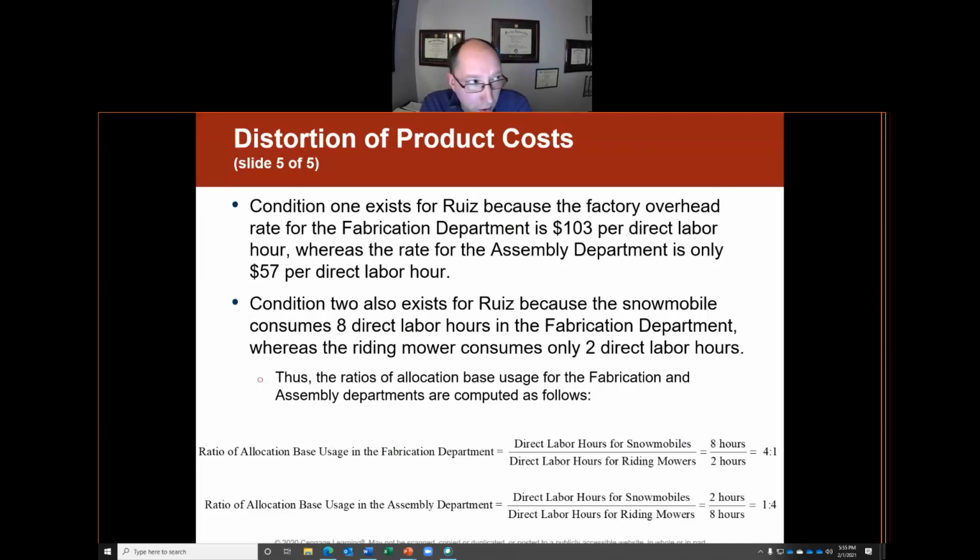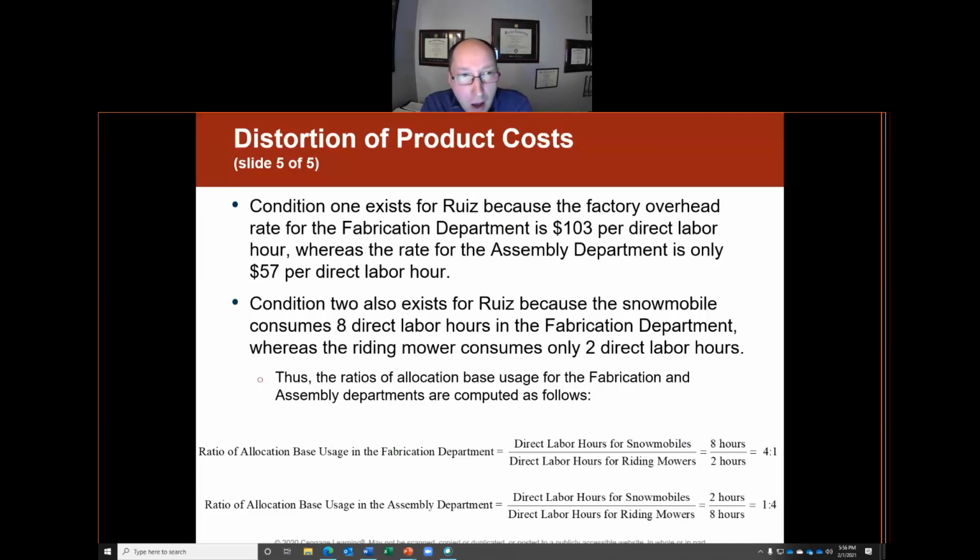Using the multiple departments, we took the department budget for overhead divided by the department budget for the number of hours. Okay. We know that there's two different departments in our example. We have the fabrication department and the assembly department. Fabrication department, that's the metal fabrication. Assembly is putting it all together. So we know that the number of hours for each department is going to be different for each type of unit.